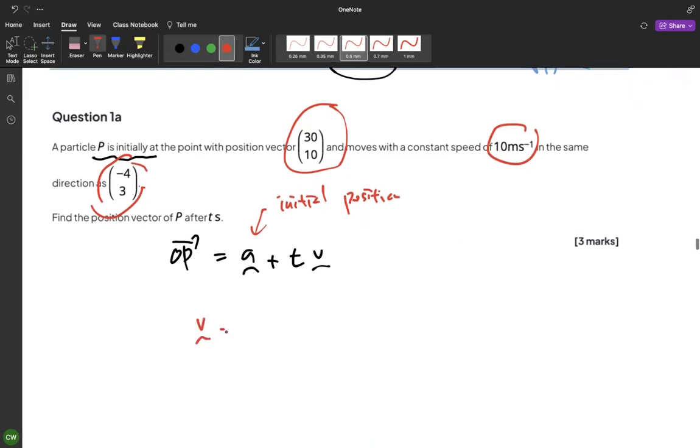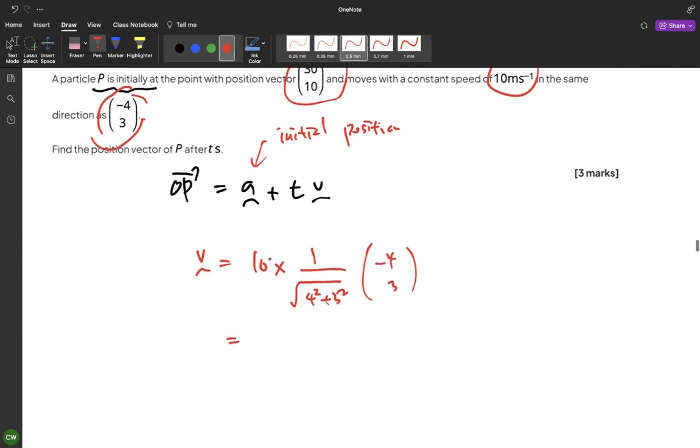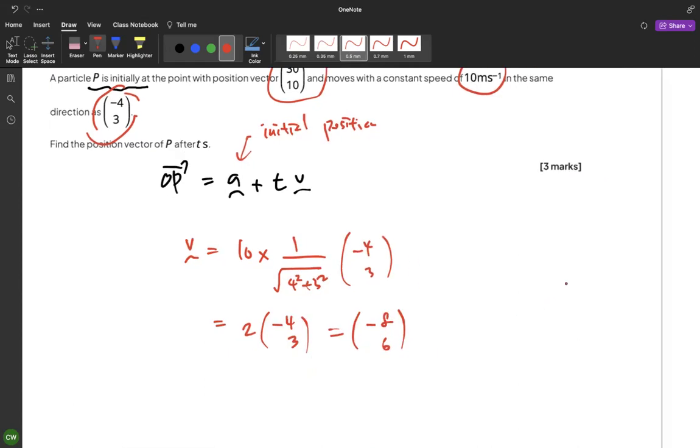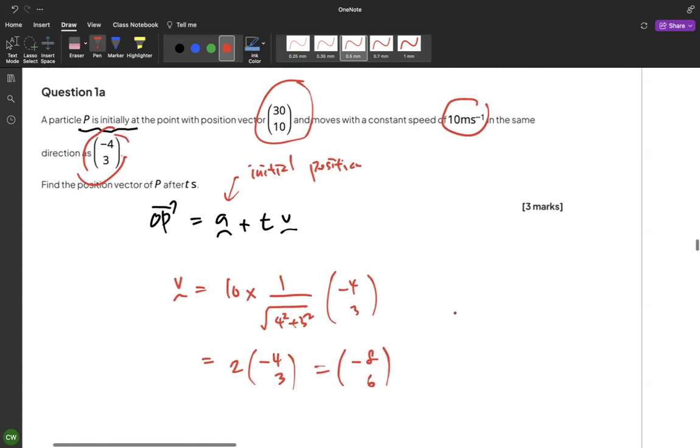How are we going to get the velocity based on these two values? This one is a magnitude. You need to multiply by the unit vector. What is the unit vector of this? 1 over what? 4 square plus 3 square is 5. 10 divided by 5 is 2. So minus 8 and 6.